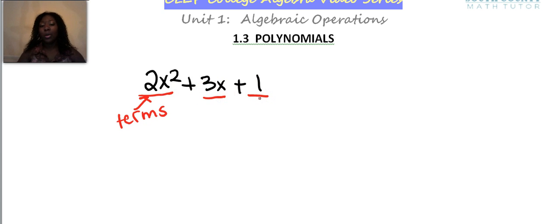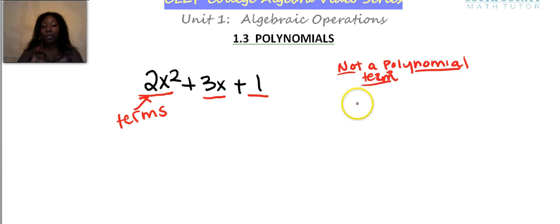Okay, so let's talk about what these terms can and cannot be. Things that are not polynomial terms: this has to do with their variables.